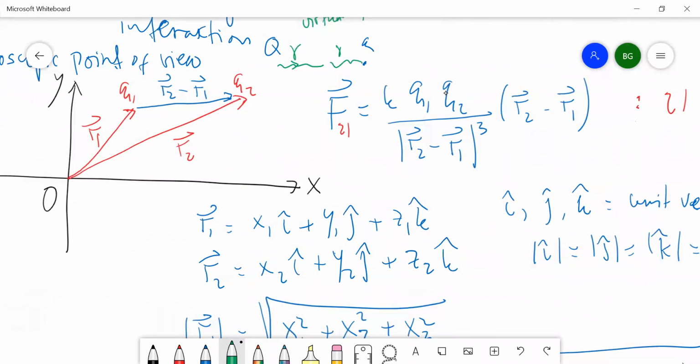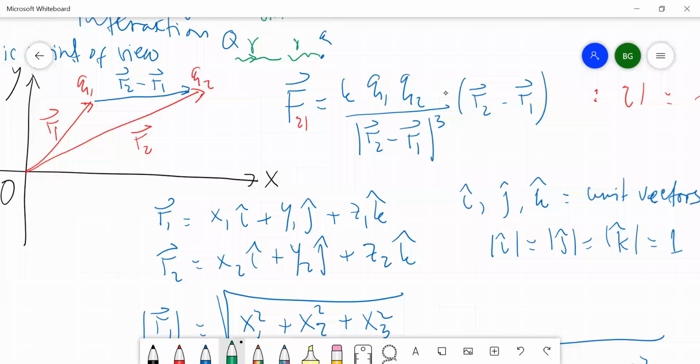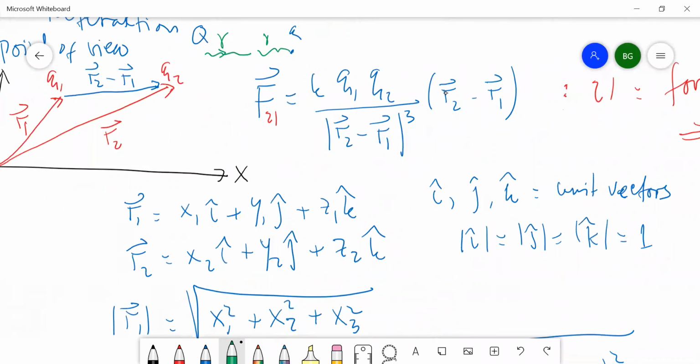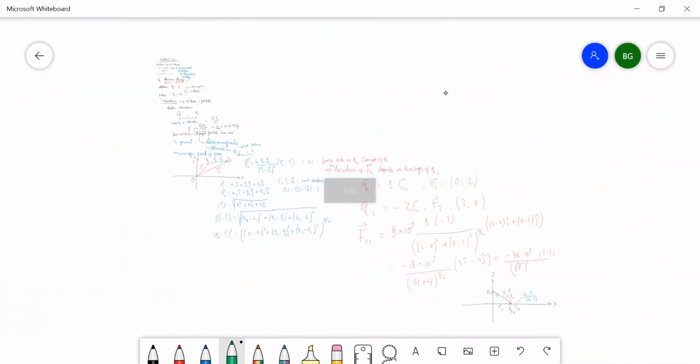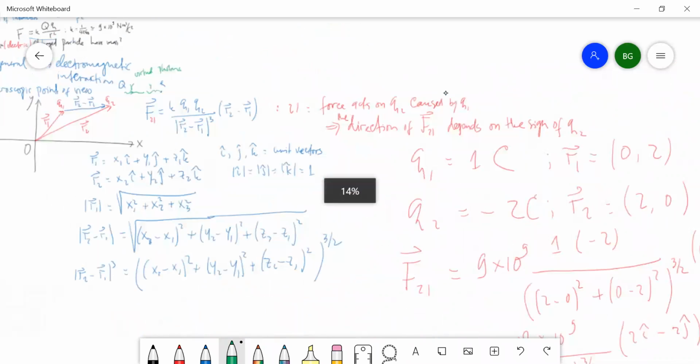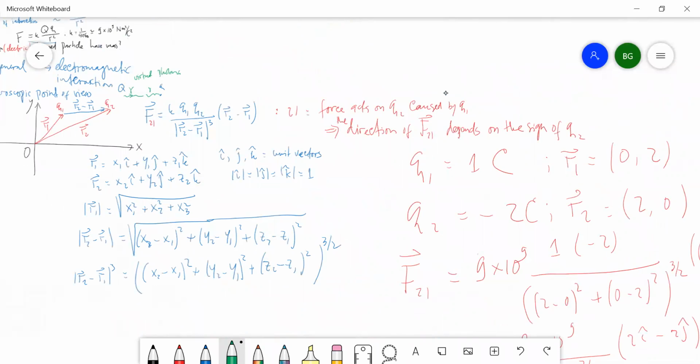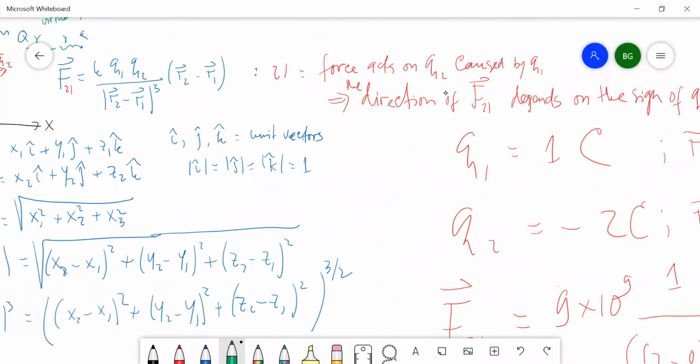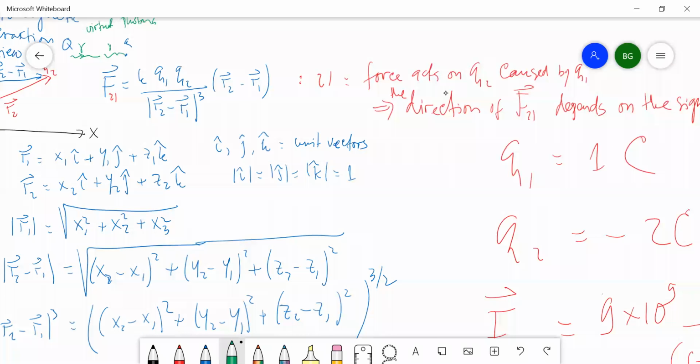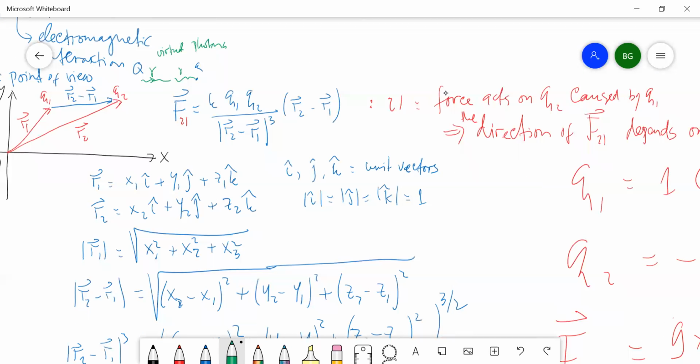First we consider F21. F21 means the force that acts on Q2 caused by Q1. So that's basically the force acting on Q2.